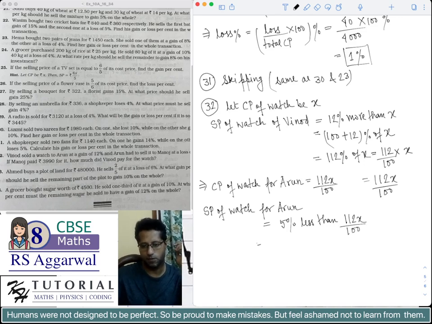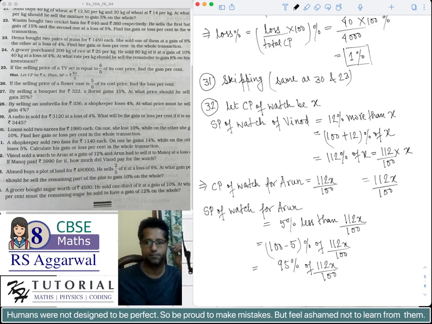This is equal to 5% less means 100 minus 5% of 112x by 100. 100 minus 5 is 95% of 112x by 100.